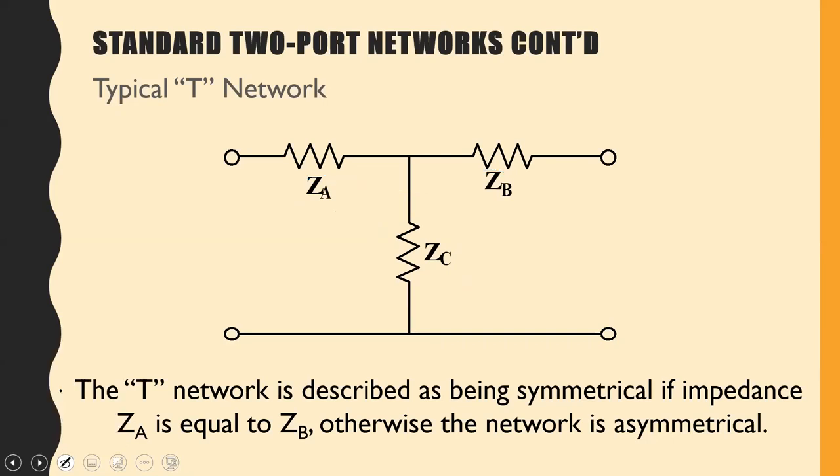What is the meaning of it being symmetrical? Well, symmetrical just means that if ZA equals ZB, then if you look at the impedance here, it will be the same as looking at it here.